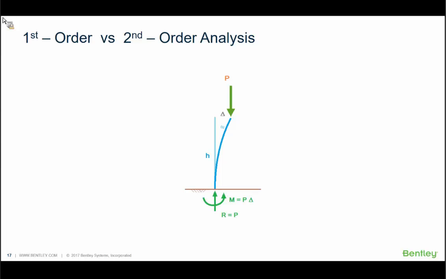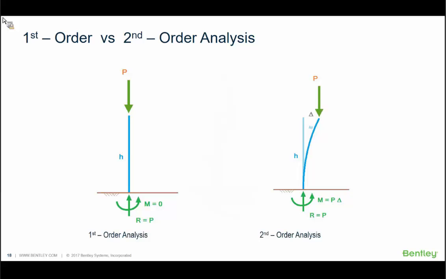Just as we saw in the previous example, if the column is stable, it will converge on a final delta, on a final deformed shape. As a result, the vertical reaction R is equal to P, and the moment is P times delta, not 0 as we determined initially. So the values shown on the left are those obtained from a first-order analysis, the reactions based on the undeformed shape.